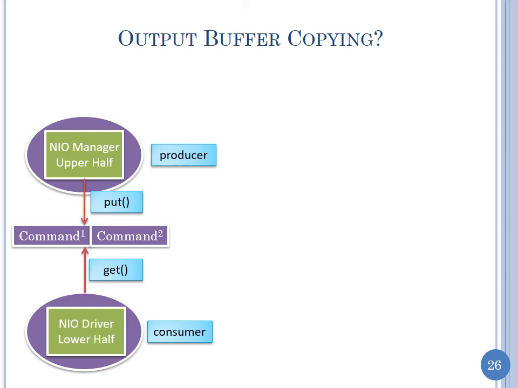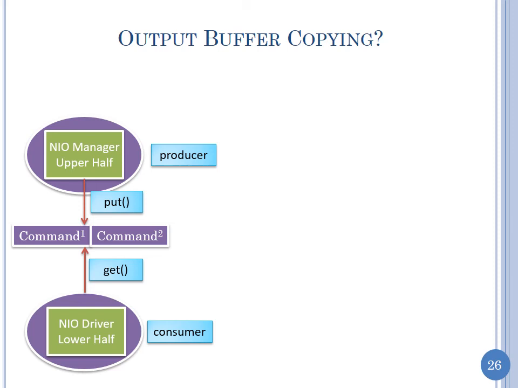Okay. So when I designed the NIO manager layer, I had two choices. I could either copy the buffer that the application layer provided and use that buffer when sending data, or I could reuse the buffer. And there are pros and cons.